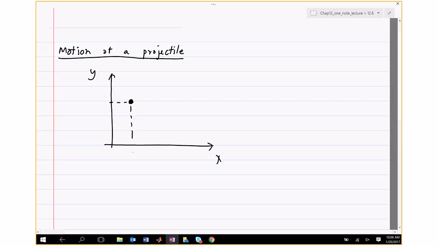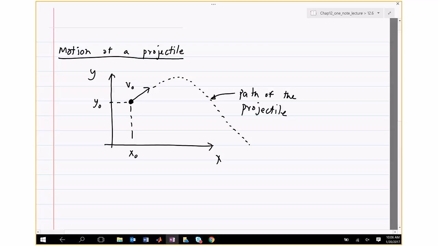We are concerned with the motion of a particle, so there is no rotation and so on. It's just moving in the XY direction. The particle initially is at x0, y0, and then when you launch it with a speed, let's say v0, it moves in a parabolic fashion. So this is the path of the projectile.